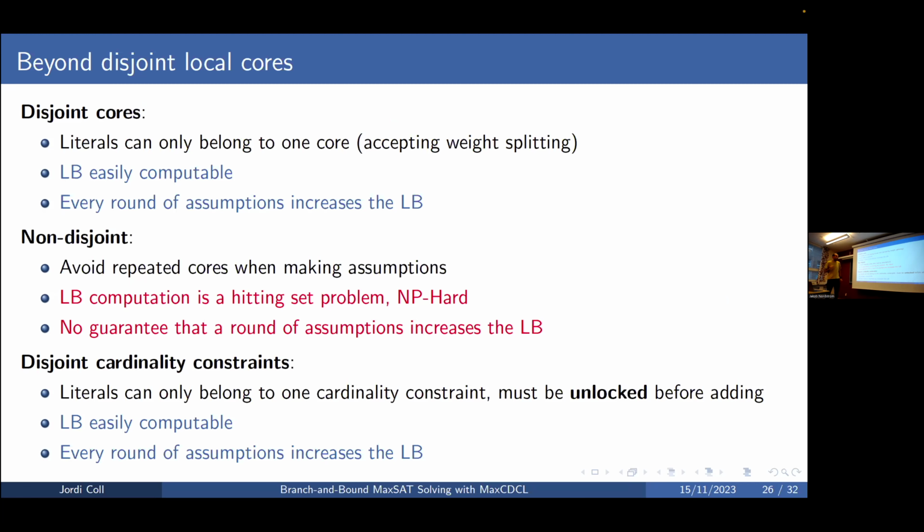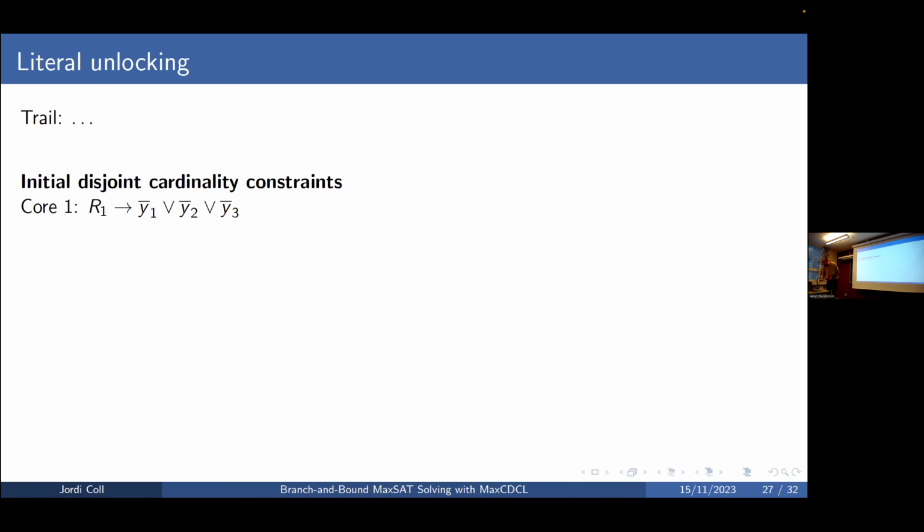And while we detect new constraints, before assuming a new literal, we must make sure that it has been unlocked. I will explain now what this means. But if I satisfy this property, again, the lower bound is easily computable, and every round of assumptions will increase the lower bound by 1. And I will explain with an example.